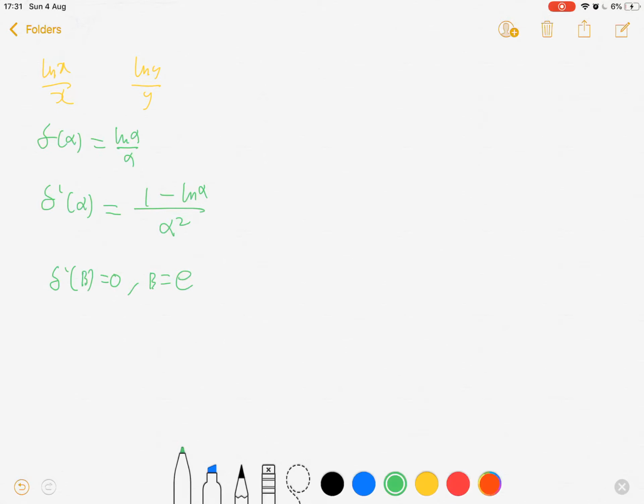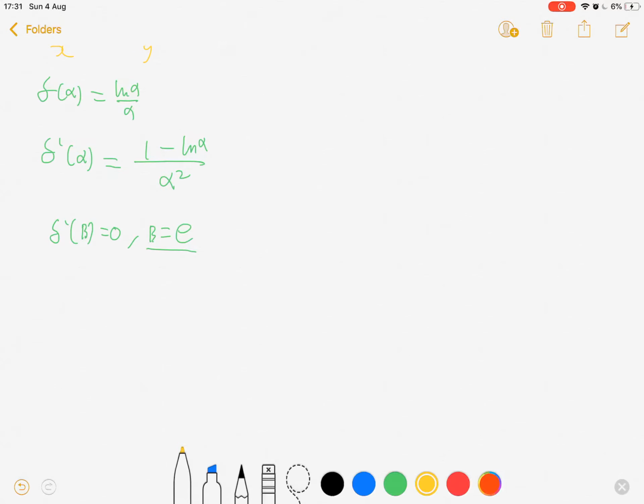And how do we know whether at this point e, f(e) is the maximum or the minimum? For that, what can we do? We can find the derivative of f prime alpha again. So let's go and do that.